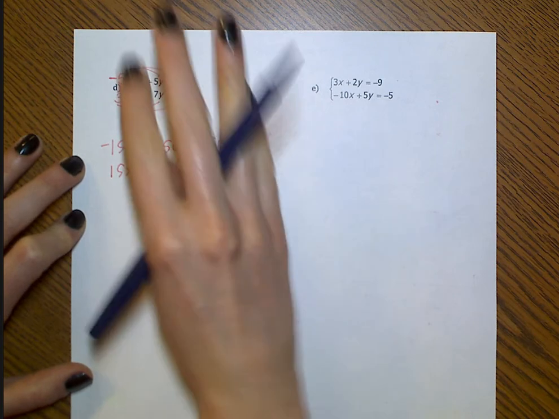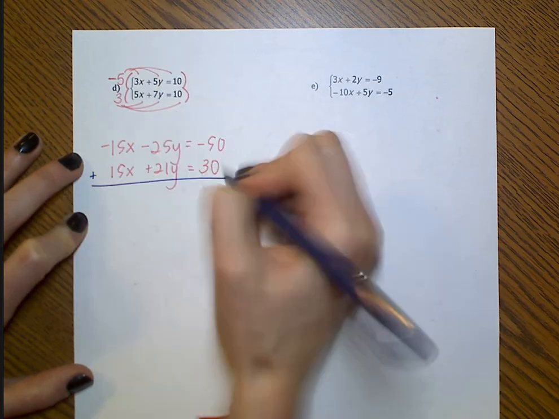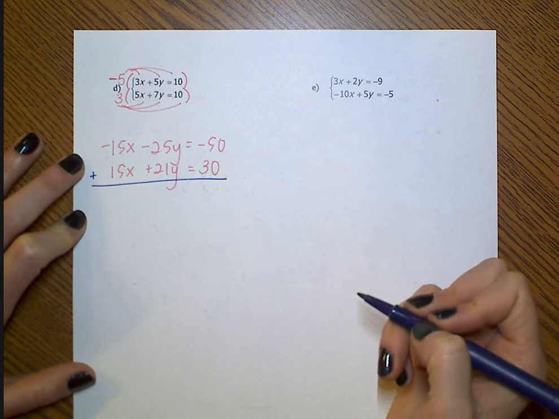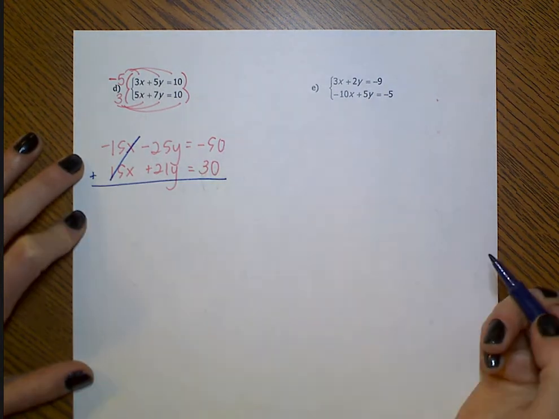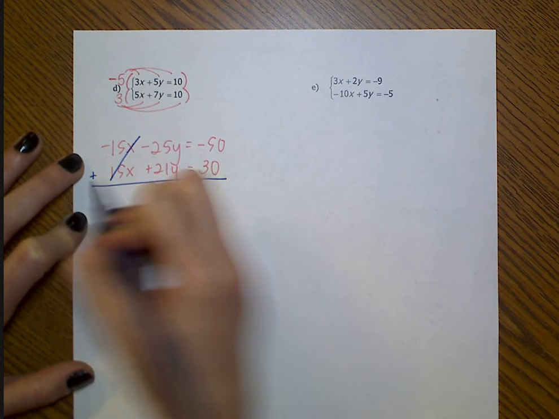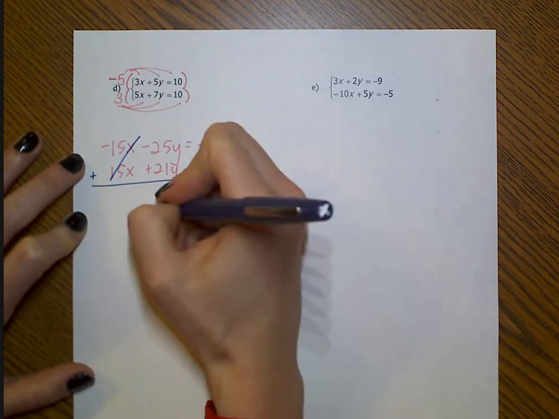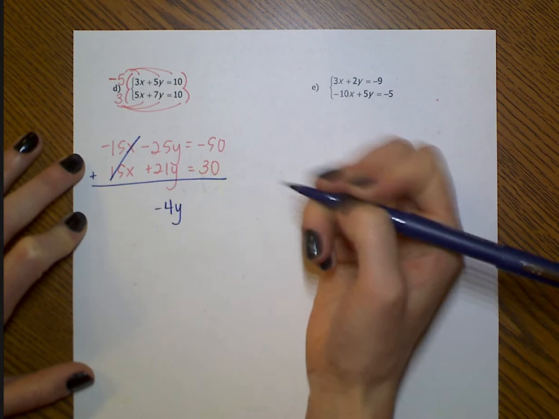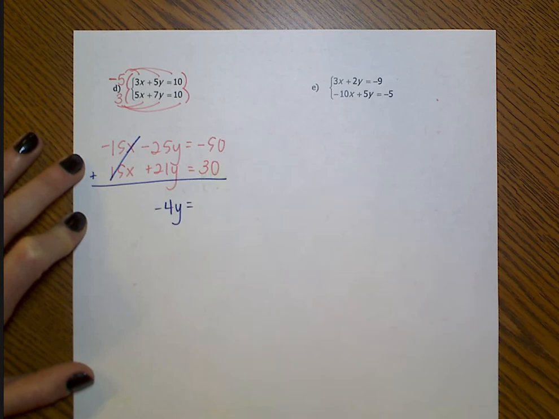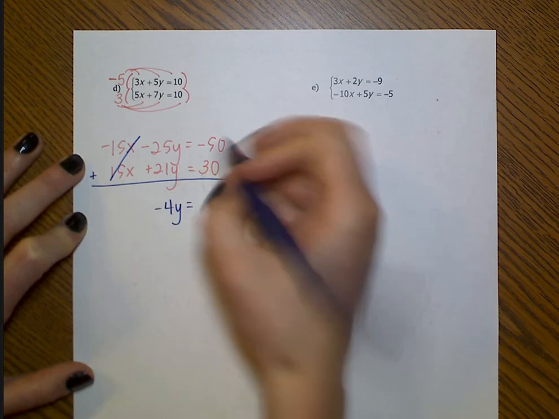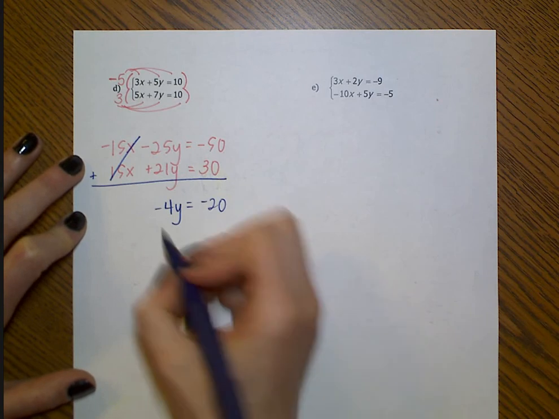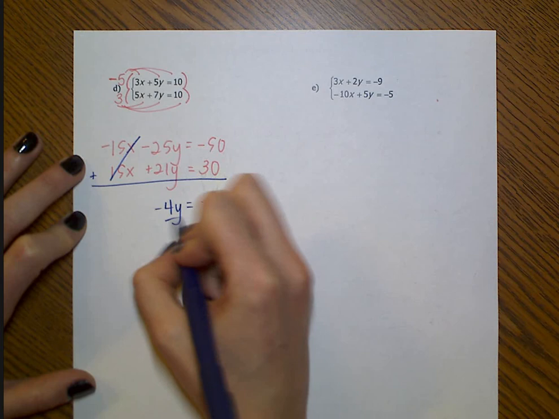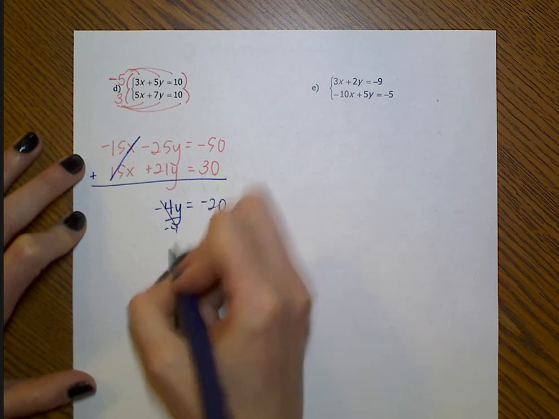Now I'm ready to add them together because I see -15 and positive 15. So the x's will eliminate, that's 0. -25 plus 21 is going to give me -4y equals -50 plus 30 is -20. Okay, when we divide here, we get y equals a positive 5.